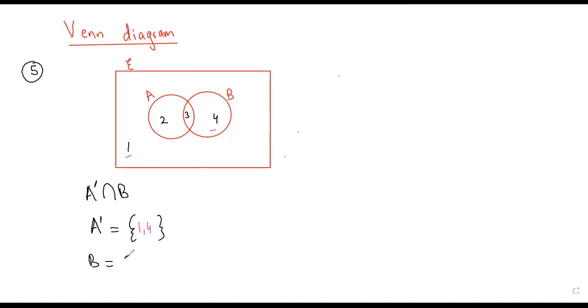B has, B में कौन कौन से एलिमेंट्स हैं? 3 and 4 only, तो मैंने 3 and 4 लिख दिए। And now if I ask you what is A complement intersection B, तो आपने सिर्फ कॉमन एरिया, कॉमन नंबर देखना है। ये 4 और 4 कॉमन है, ठीक है। It is 4. It means you are only supposed to shade this fourth region, ठीक है। This fourth region you are only supposed to shade this fourth region. So this is going to be the answer.